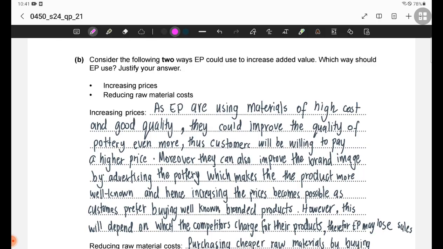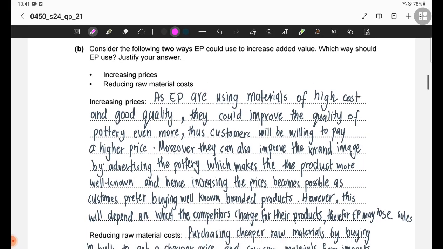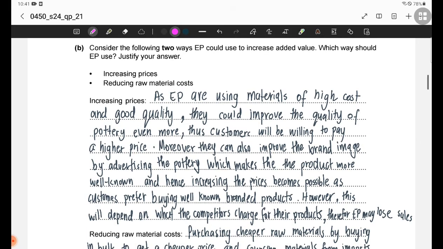Also, they can improve their brand image by advertising the pottery, which makes the product more well known. Hence, because their product becomes more well known, the prices can increase, and it will be possible as customers usually prefer buying well-known branded products. Now we're done with the answer. You have applications, which is the high cost, high quality. This is an application. You have pottery, another application, and of course you have your two main points.